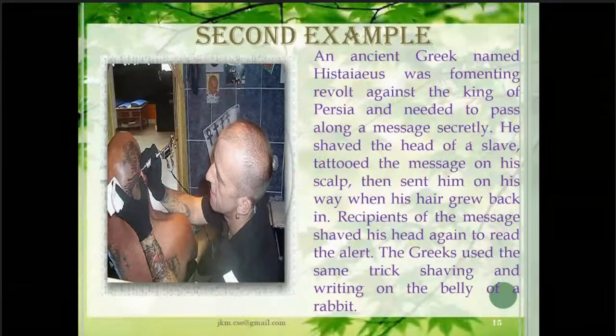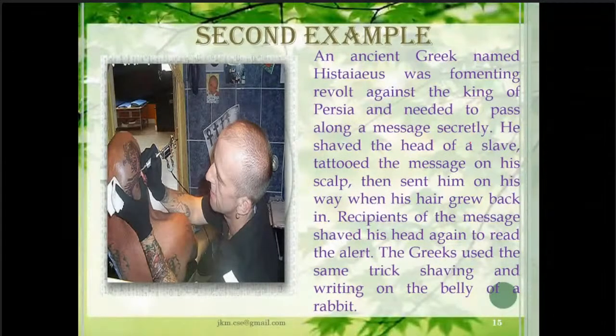Now can you see the tattoo? Can you see the code? No. But it is there. Then he boldly went from that kingdom to the other kingdom and said, you shave my hair. The hair is shaved, and the secret information is revealed. So this is another example of ancient steganographia.